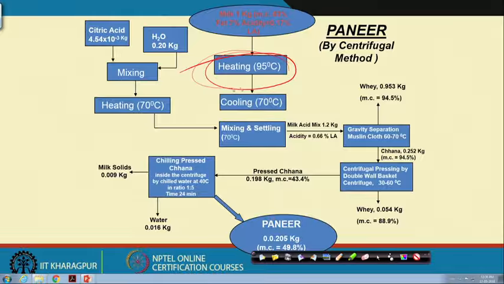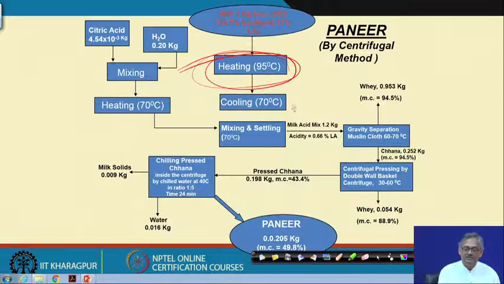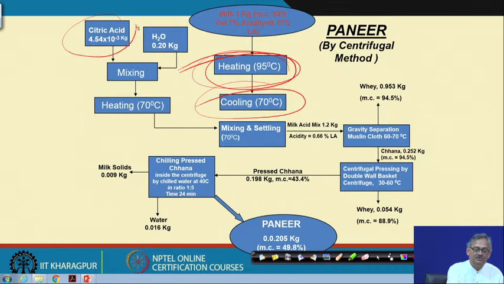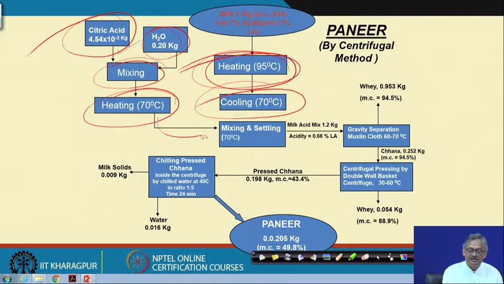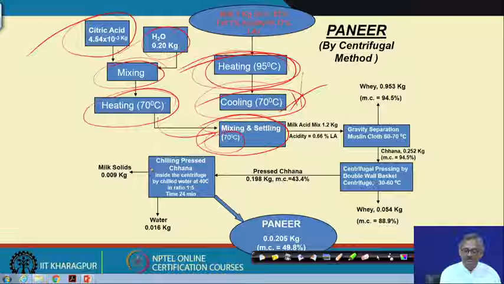So heating is 95 degree centigrade, then cooled to 70 degree centigrade, and this side we have taken citric acid 4.54 × 10^-3 kg, water 0.2 kg, and they are mixed, then heated to 70 degree centigrade. So this citric acid solution and heated milk, both at 70 degree centigrade, are mixed and allowed to settle.